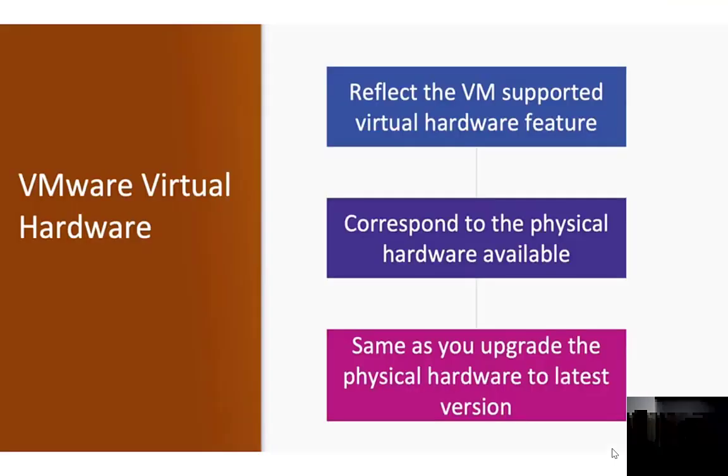Before discussing the features of VMware, let's look at what a virtual hardware version is. Basically, the virtual hardware version reflects the virtual hardware features a VM supports, corresponding to the physical hardware available, the same as when you upgrade the physical hardware to the latest version. I will describe this with an example.